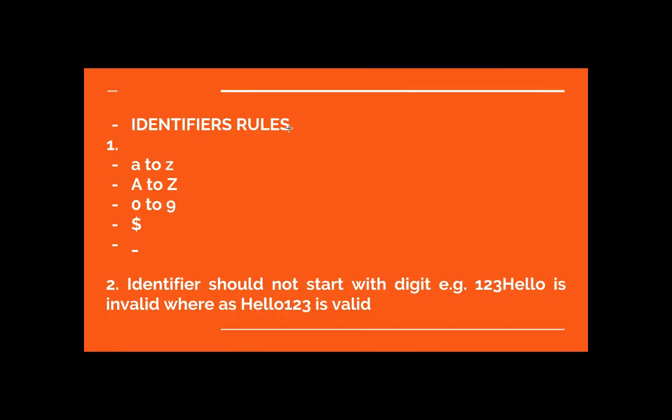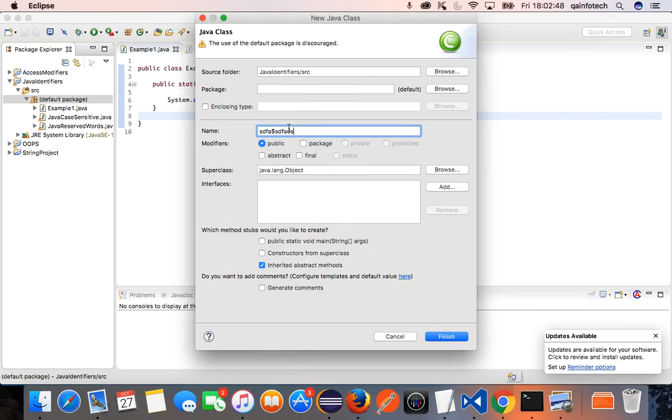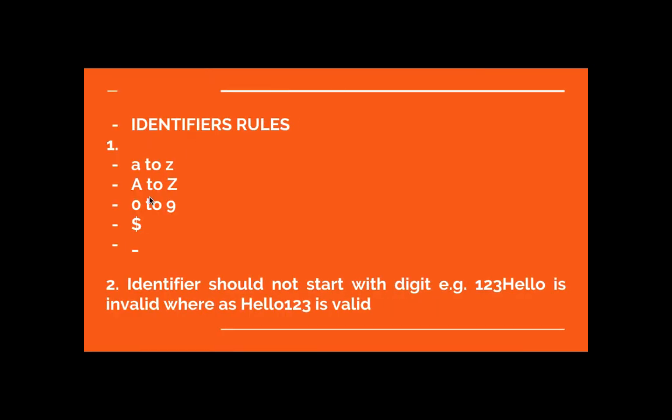And similarly dollar, no errors come up. But suppose if we say star, the type name is not valid. The type name star is not a valid identifier. That means only these characters we can use to make an identifier. So this is rule number 1.